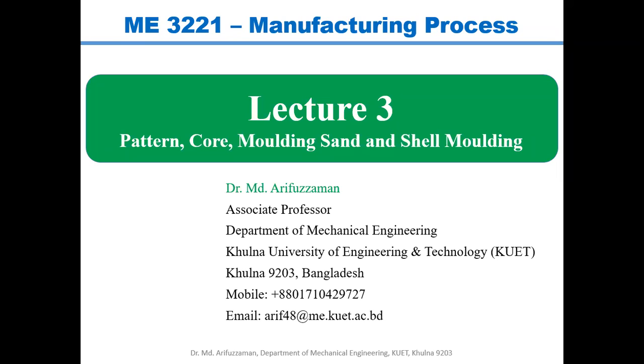How should we prepare a pattern to manufacture a certain product? And in the second stage, we are going to talk about core, its classification, its advantages, disadvantages, and the properties a core should have to function properly, and also the molding sand, the classification, the constituent materials of the molding sand, and the various testing we need for the molding sand to be used in sand casting.